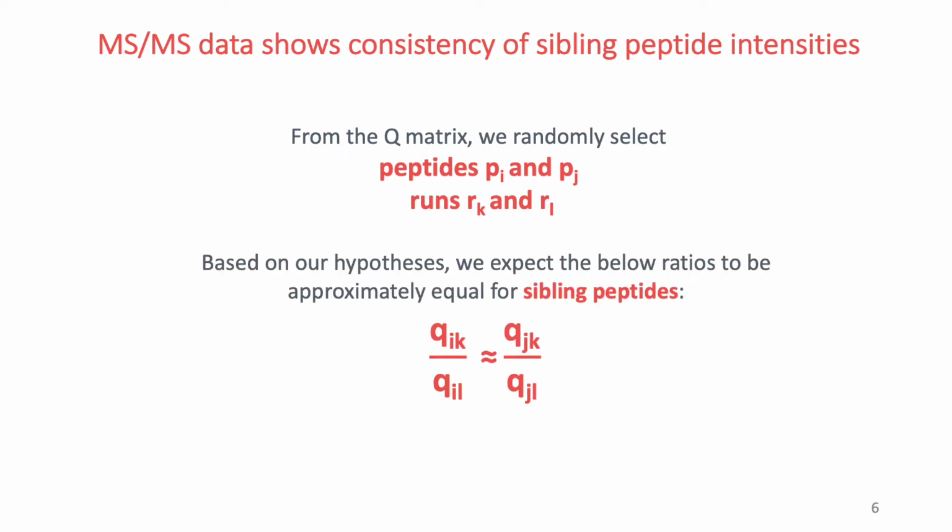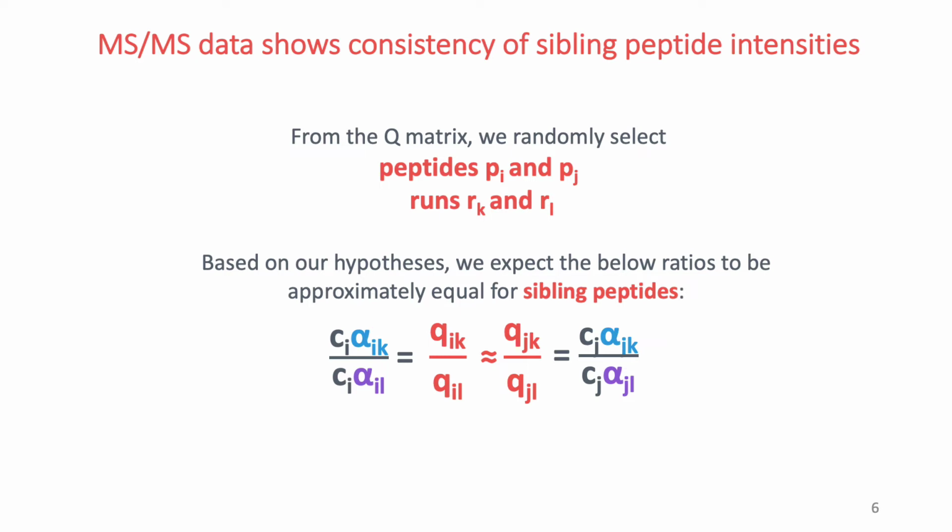Based on our hypothesis, for sibling peptides, we expect the ratio of intensities of peptide i in runs k and l to be approximately equal to the ratio of intensities of peptide j in the same two runs. And this simply follows from the assumption that adjusted abundances of sibling peptides should be equal in one run.